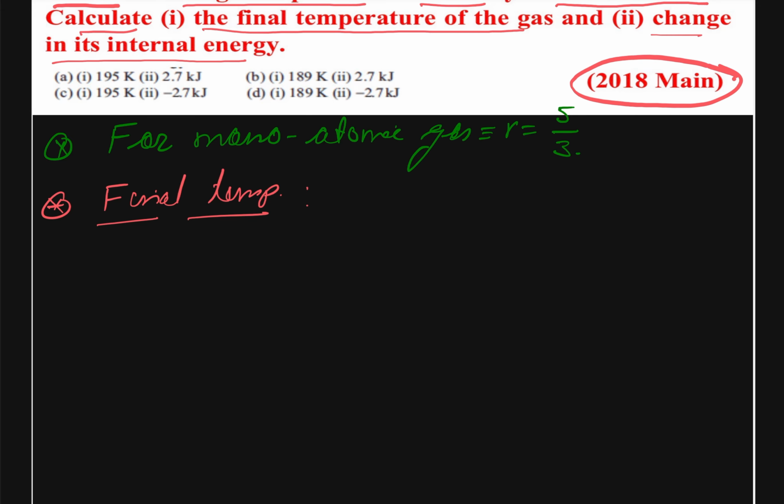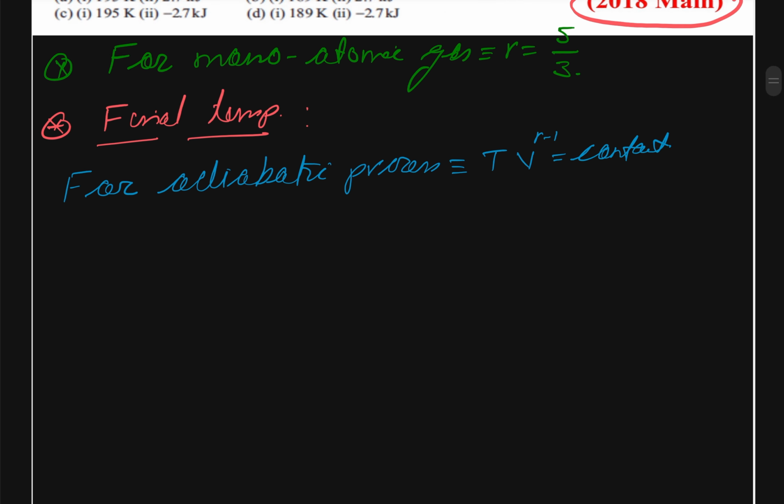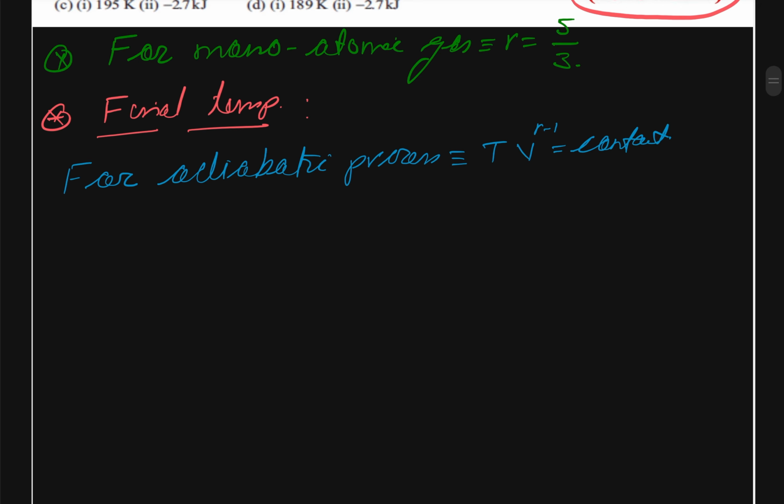So for an adiabatic process, we have T V to the power gamma minus 1 equal to constant. So we can write this as initial temperature times initial volume to the power gamma minus 1 equal to final temperature times final volume to the power gamma minus 1.